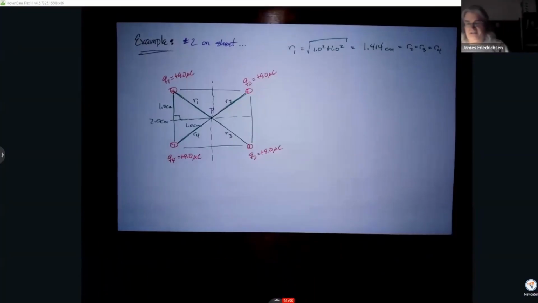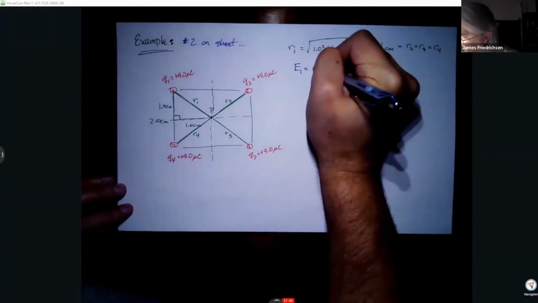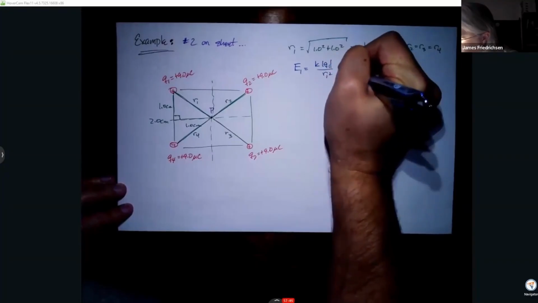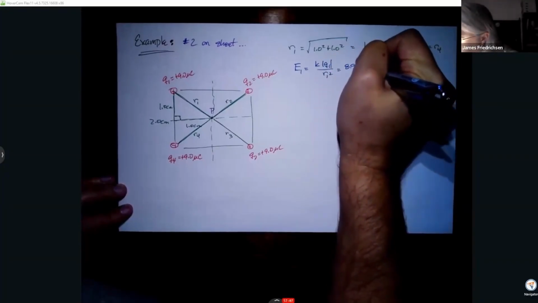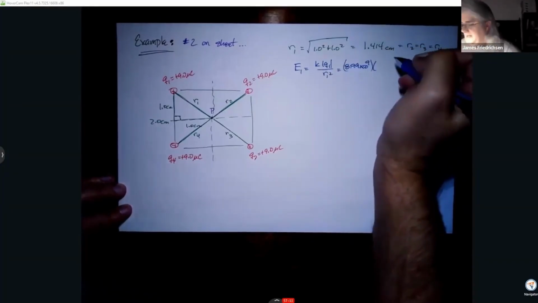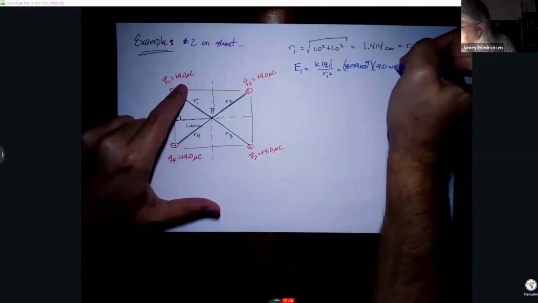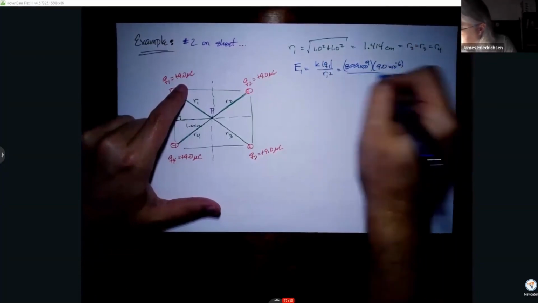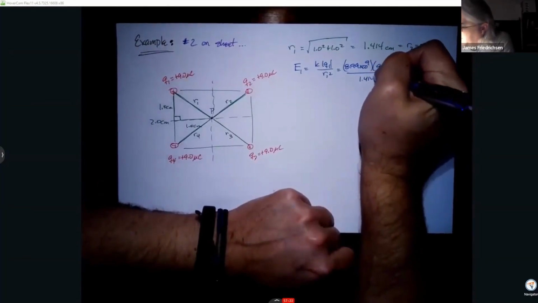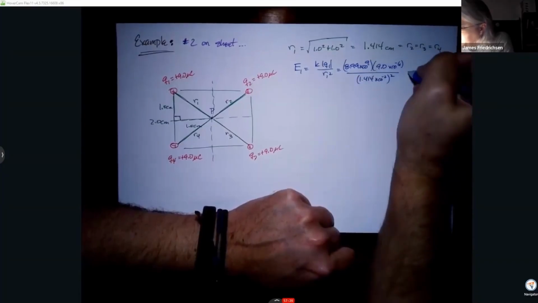So when we go to find the magnitude of the field, the E1 magnitude is K times the absolute value of Q1 over R1 squared. So our 8.99 times 10 to the 9th, and then the absolute value of charge 1, this is 9, but it's micro, which is 10 to the minus 6. Then I'll do the 1.414, centi is 10 to the minus 2, and I'll square it.